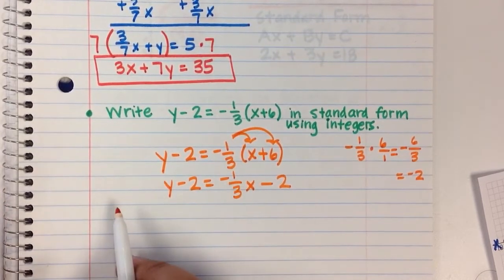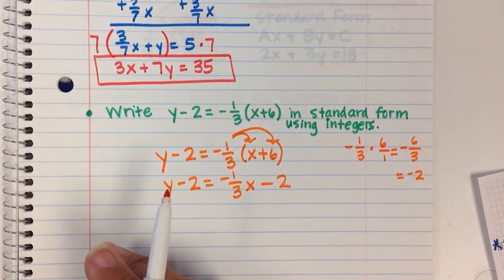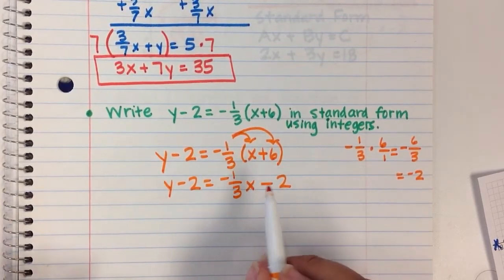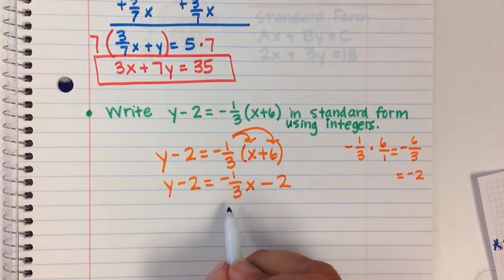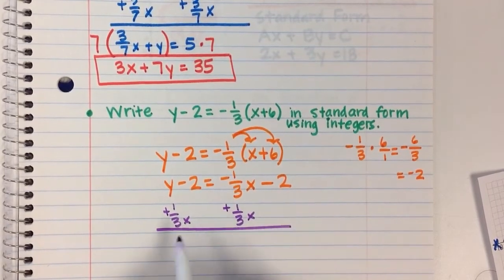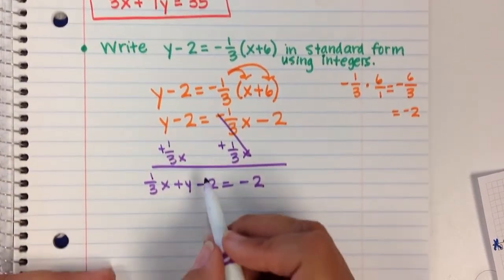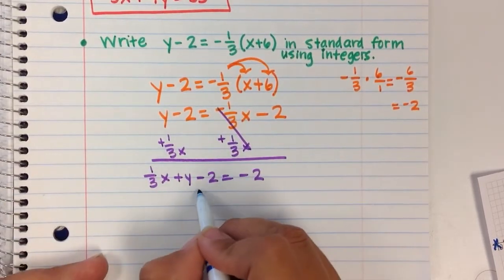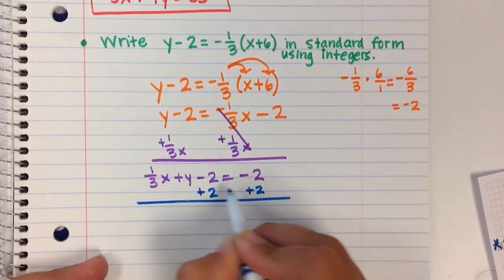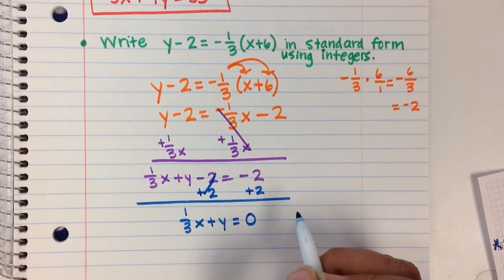Alright, I need to move x and y to the left. And I need to move my whole numbers to the right. Alright, so I'm going to say this is negative 1/3 x. I'm going to add 1/3 x to both sides. And I'm going to have 1/3 x plus y minus 2 is equal to negative 2. Now I've still got a whole number on the left here, so I need to add it to the right, and I get 1/3 x plus y is equal to 0.